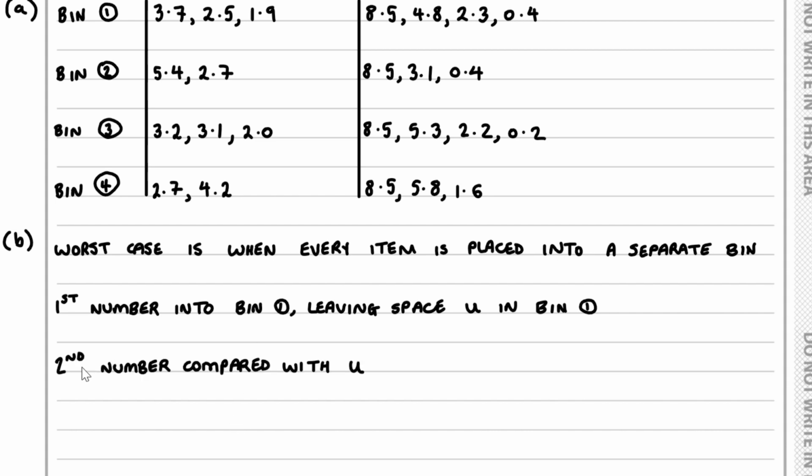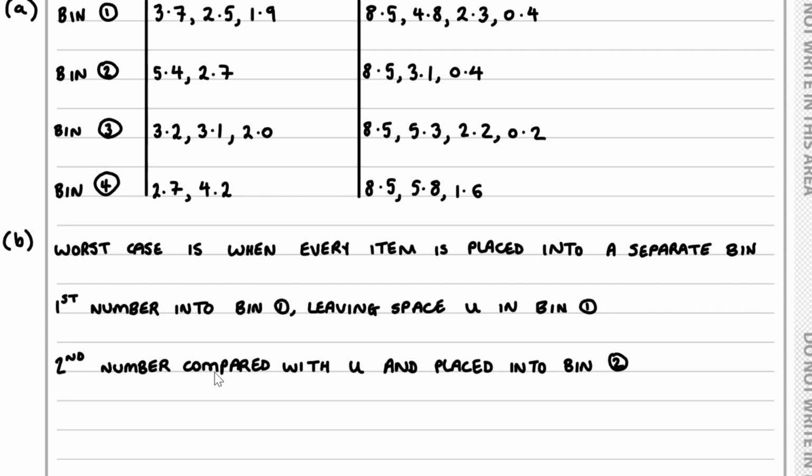Now, for our second number, we compare this with the amount of space left in bin number 1, which is U. And because we're considering the worst case, there is not enough space in bin number 1 to put the second number into it.